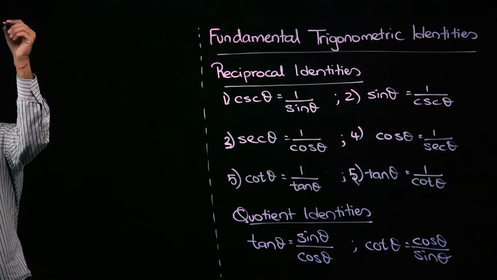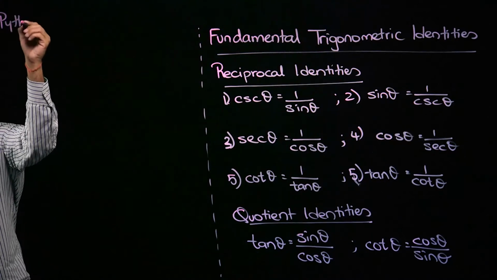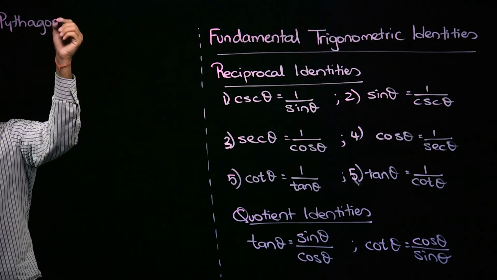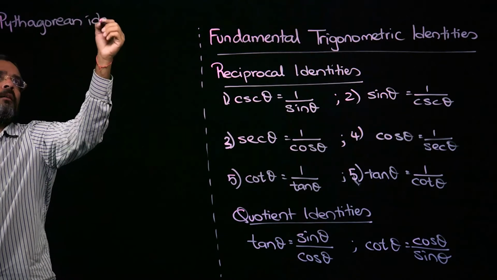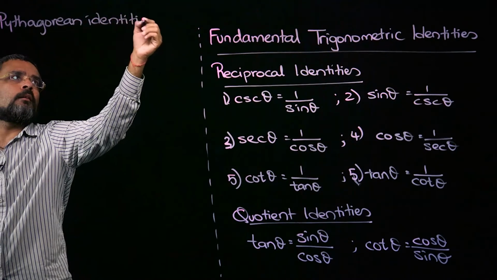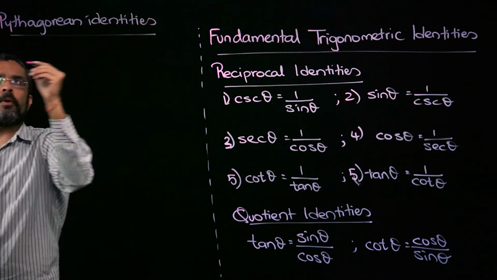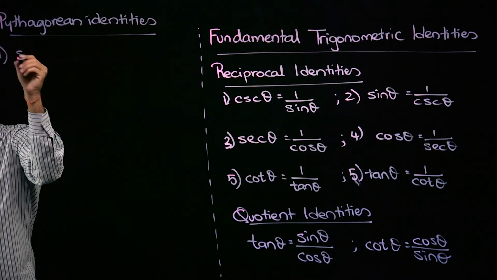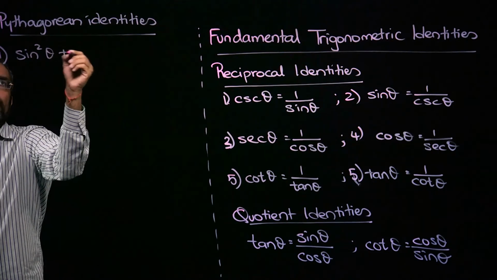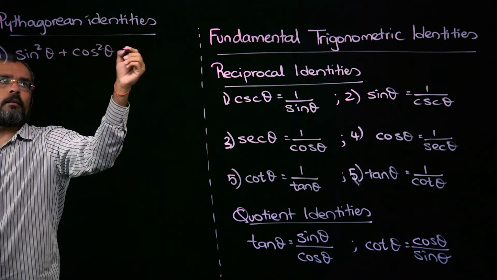and then we have what we call the Pythagorean identities. And those are 3. The first one is sine squared theta plus cos squared theta equals 1.